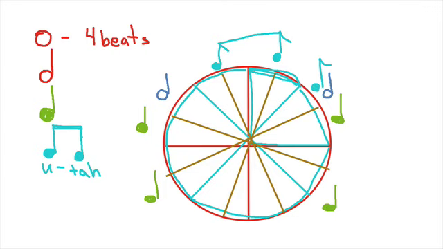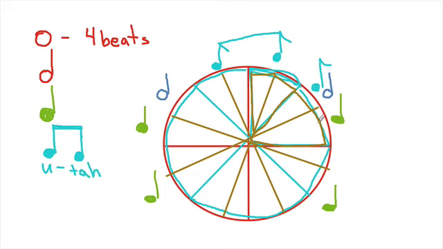So let me see if I can make that a little more clear. And so now each one of these little wedges of the pie represents a 16th note. And how many 16th notes do you have inside of an eighth note? You have two inside of an eighth note. See, this eighth note has two slices.